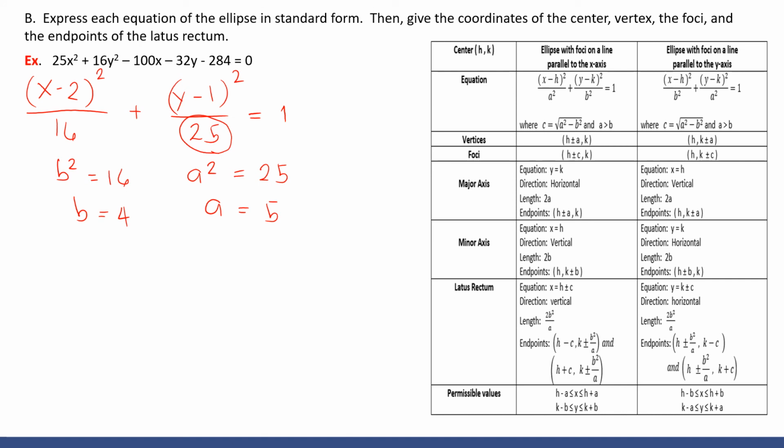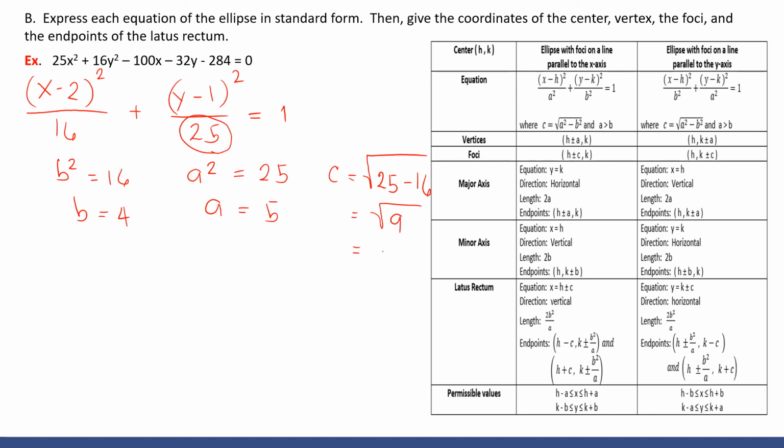The question, what now is the value of C? Okay, so C is the square root of A squared, that is 25, minus B squared, 16. So it is the square root of 25 minus 16, that is 9.